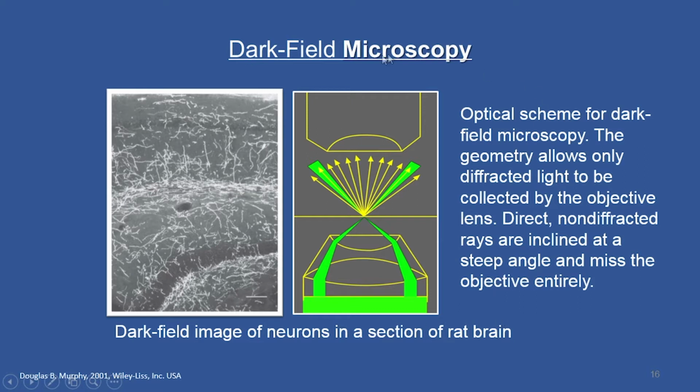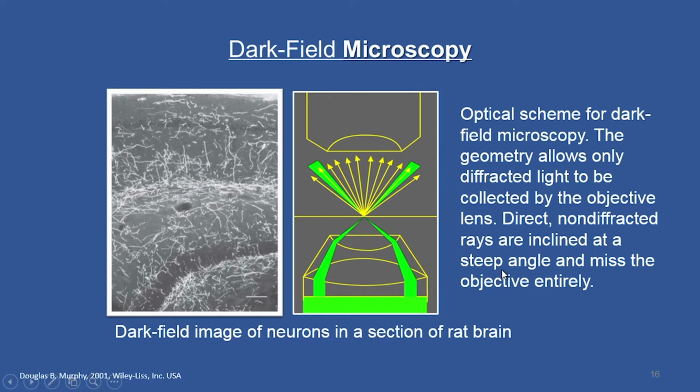And if you look at the optical setup or the optical scheme for a dark field microscopy, the geometry allows only the diffracted light to be collected by the objective, and direct and non-diffracted rays are inclined at a steep angle and miss the objective entirely.